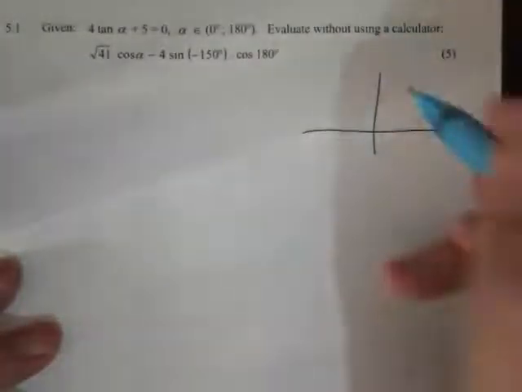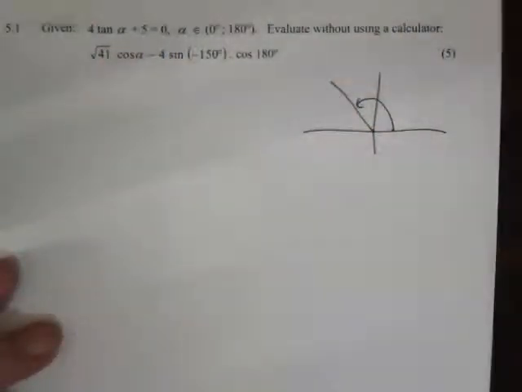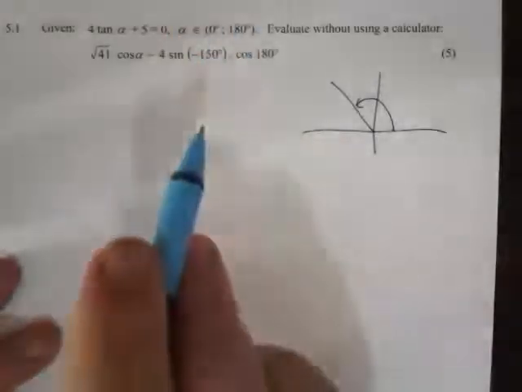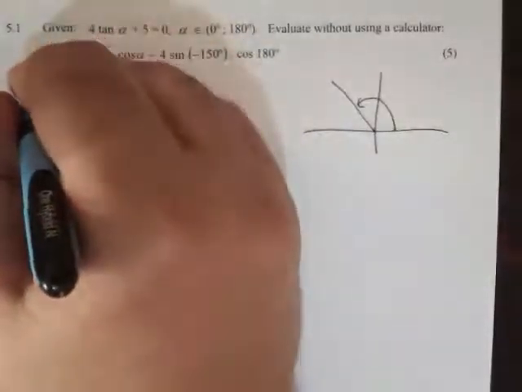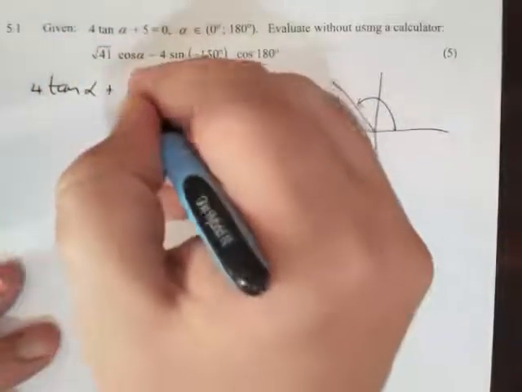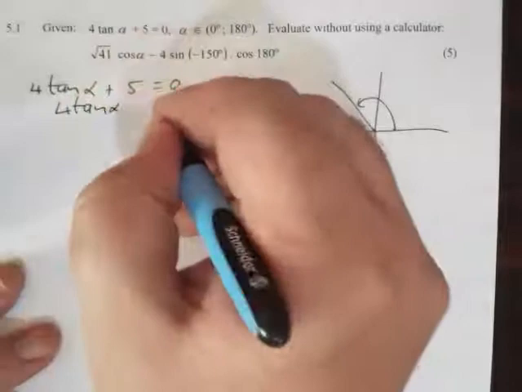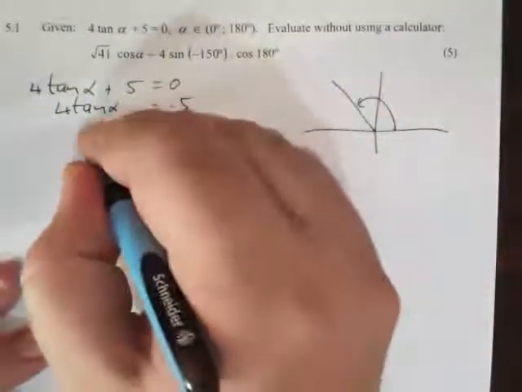Okay, so first of all, I'm going to draw my diagram, and it will be in the second quadrant because of the positive that goes over and the information that they've given us. So for 4 tan alpha plus 5 is equal to 0, that gives us 4 tan alpha equal to minus 5.